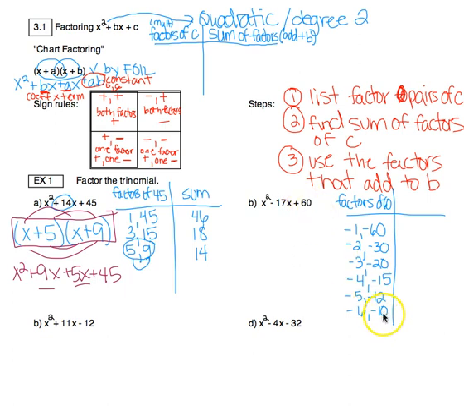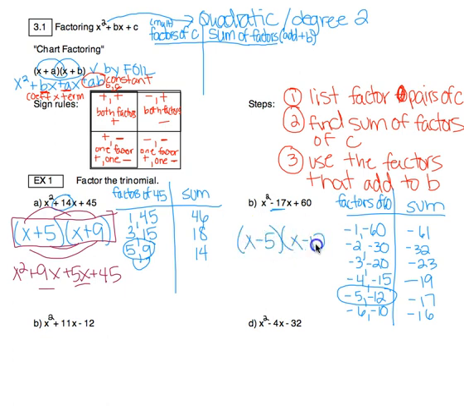I've come back around to the other side because here's 10, so I'm done. Now find their sum. In this case, I'm wanting the ones that add to -17. So these would be my winning factors. Fill those in. x minus 5 and x minus 12 are the two binomials that would multiply to give me this trinomial.